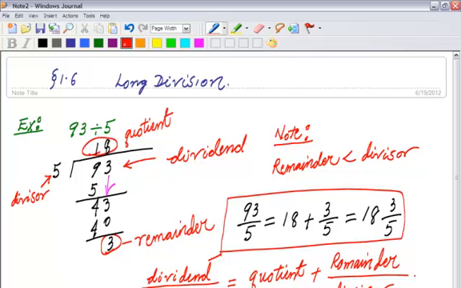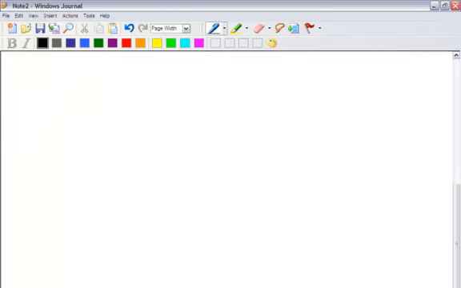Okay, so let's look at another example. In this example, let's say I want to divide 85 by 7. Okay, so let's use long division.